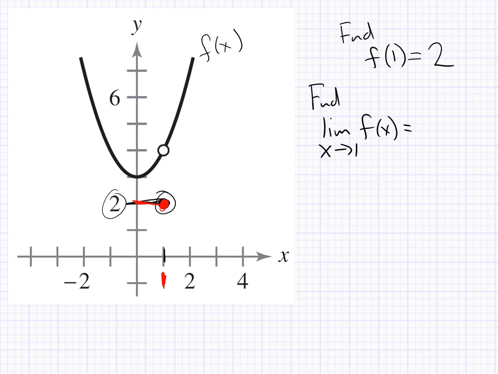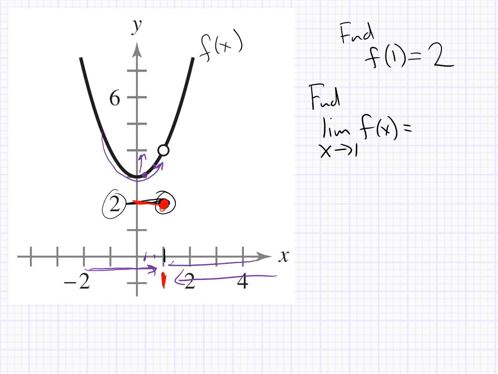And so I say, okay, as x gets closer and closer to 1 from both directions, what's the y value getting closer to? Well, as I get close to 1 from this direction, I'm basically traveling along the graph this way. So this x value has this y, this x value has this y, so ultimately my y values are going like that.